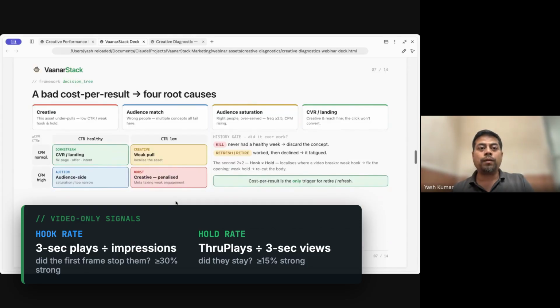Now, if there is a bad cost per result, there could be multiple causes, and multiple actions that you can take. One is the creative, which is low CTR or a weak hook and hold, etc., which gives you the diagnosis that the creative is wrong. Or maybe audience match, which gives you the diagnosis that there are wrong people, or multiple concepts all fall over here, right?